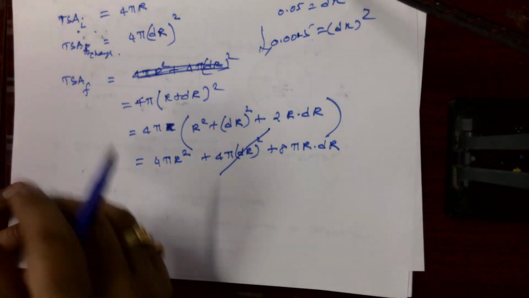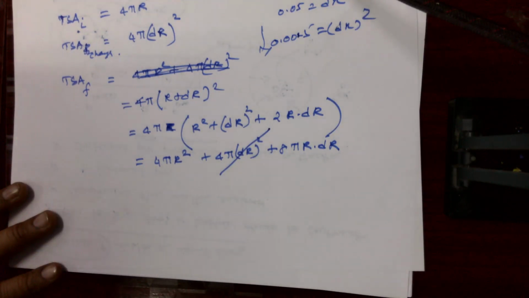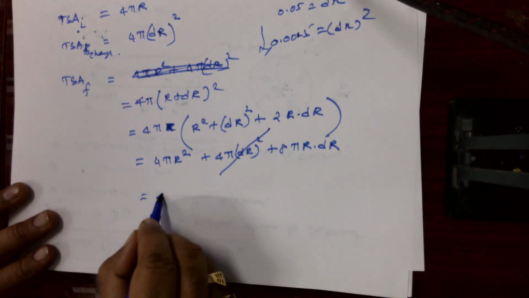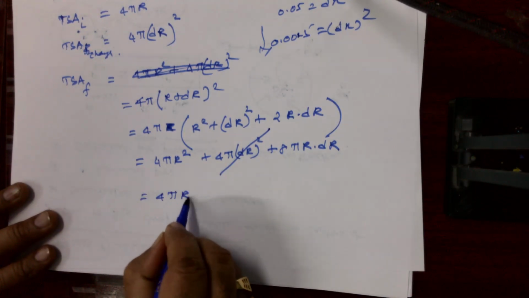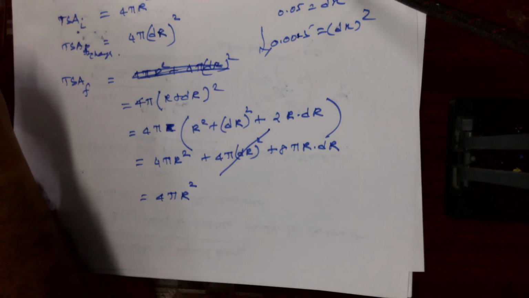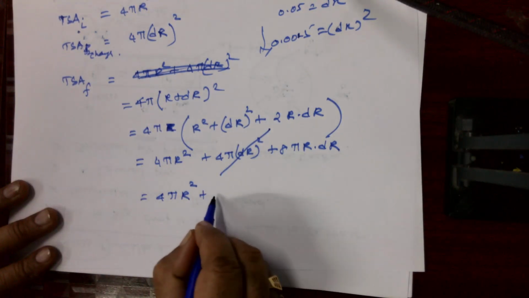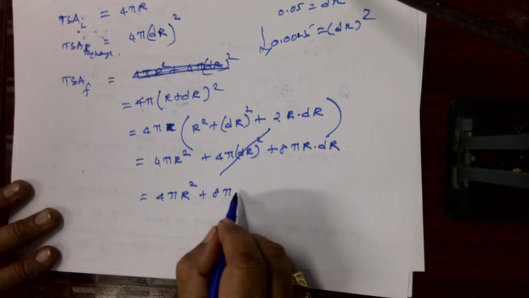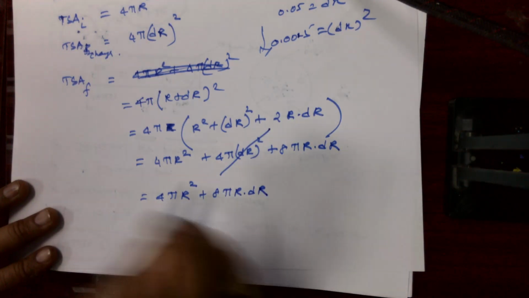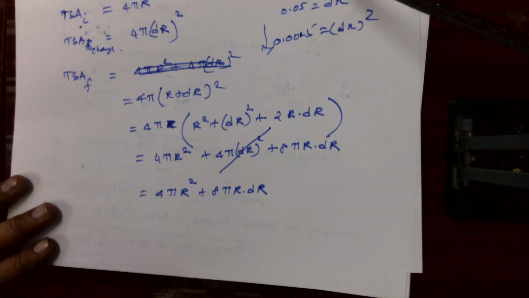Right? Now let me take the remaining part, and what are those here? 4 pi r squared, and then you have plus 8 pi r into dr. Do you understand this?